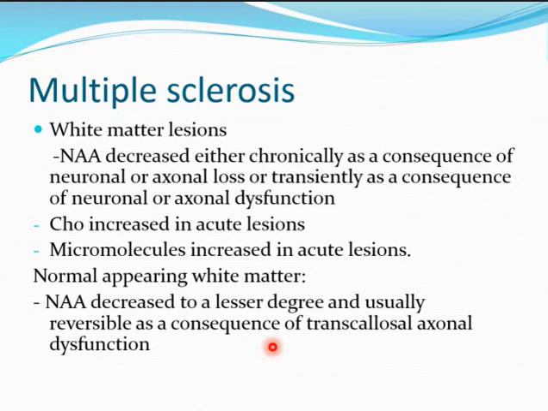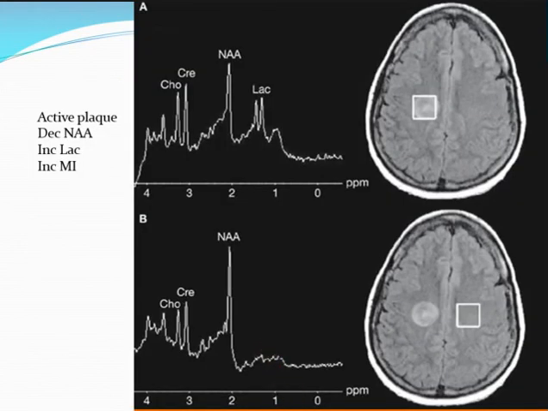Okay, obviously, since it is demyelinating, there is loss of neuronal integrity. It will cause decrease in the NAA peak by definition here. You can see here, this is a case of MS with an active plaque showing the choline and creatinine, they are normal looking. The NAA is decreased and there is an appearance of a lactate lesion.